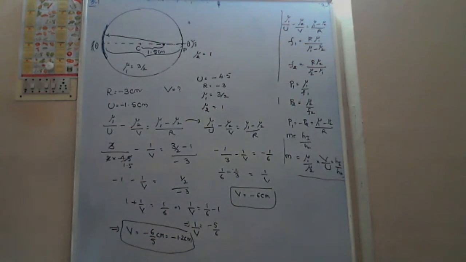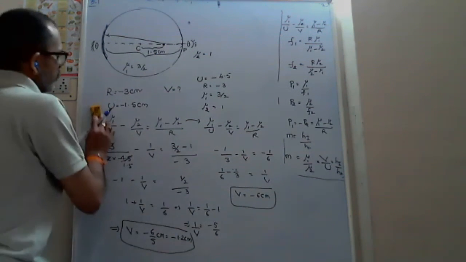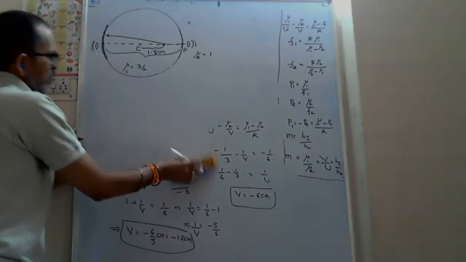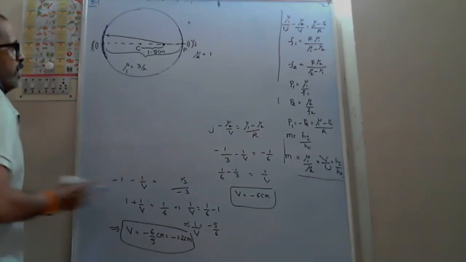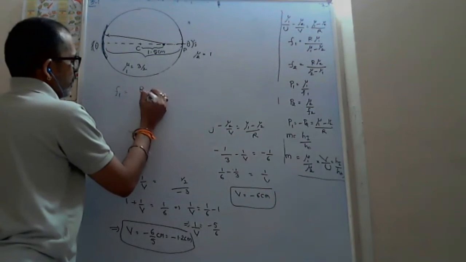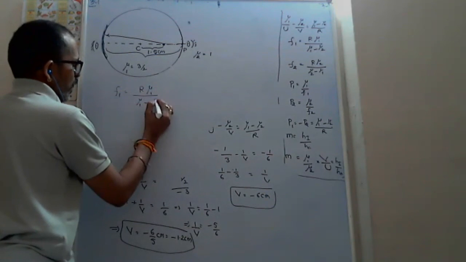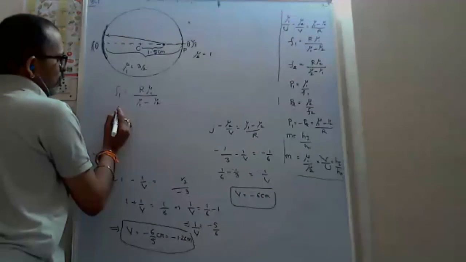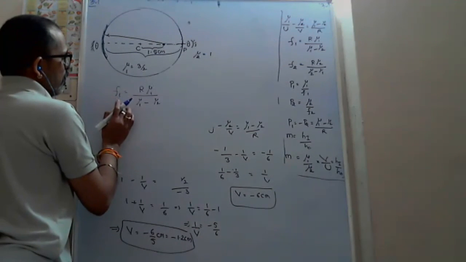Understood? And in either the first case or second case, if I ask the focal length and focal power? mu1 by f equals mu1 minus mu2 by r. Right, means f1 is equal to R into mu1 by mu1 minus mu2. Here I think this is wrong.